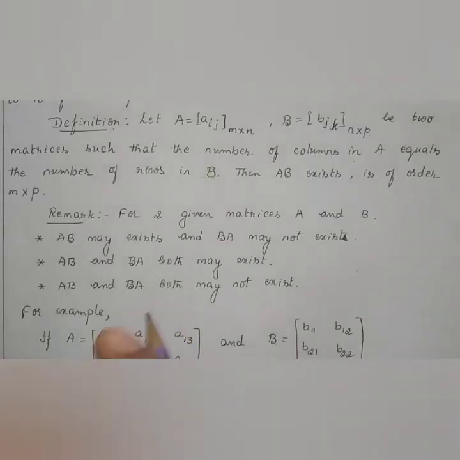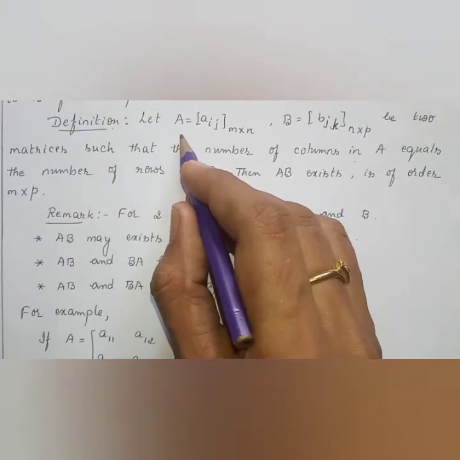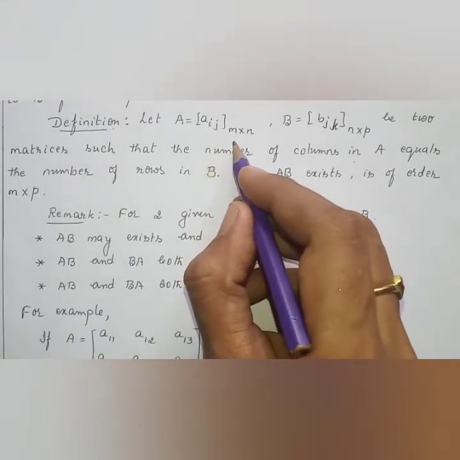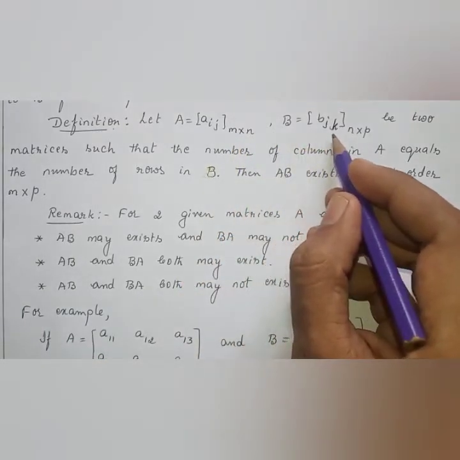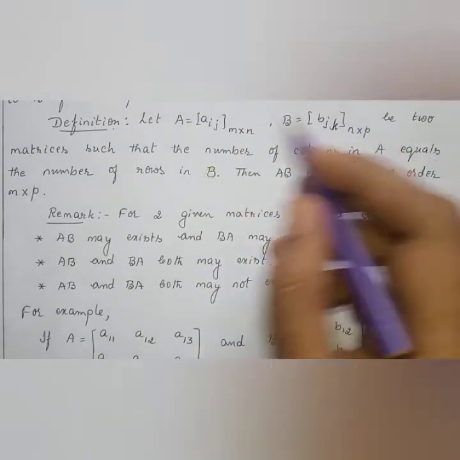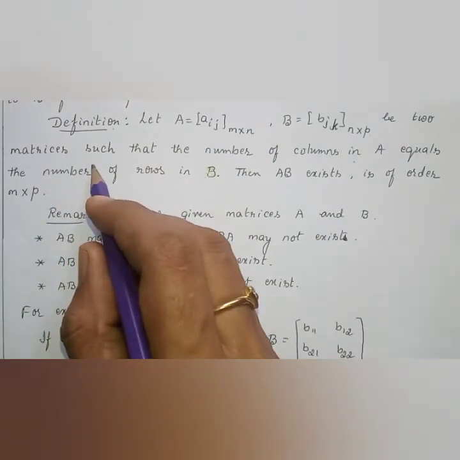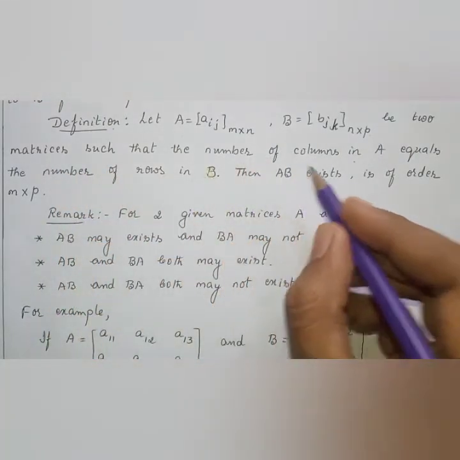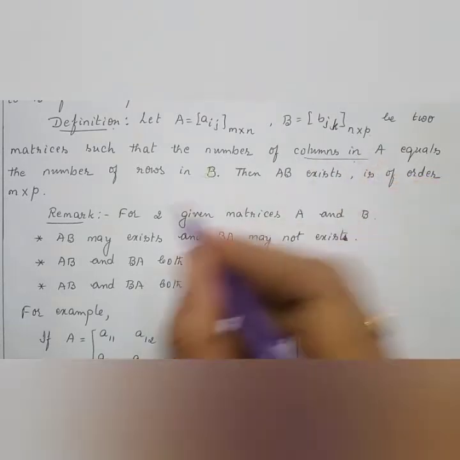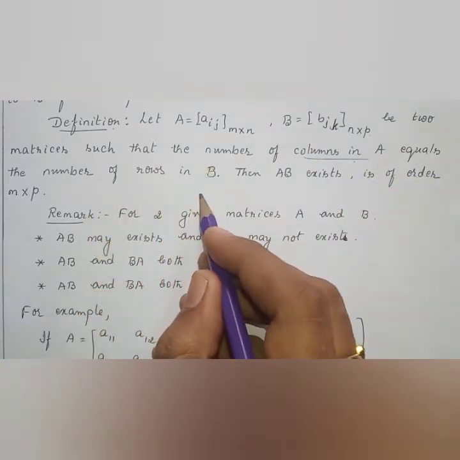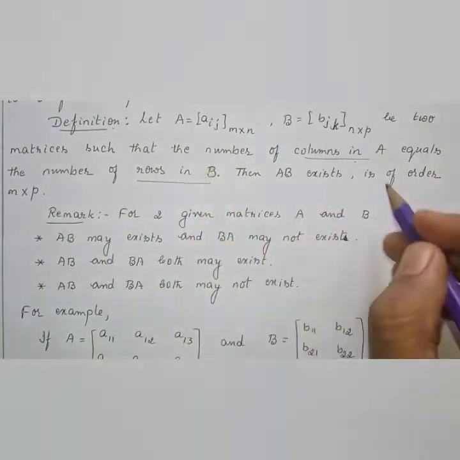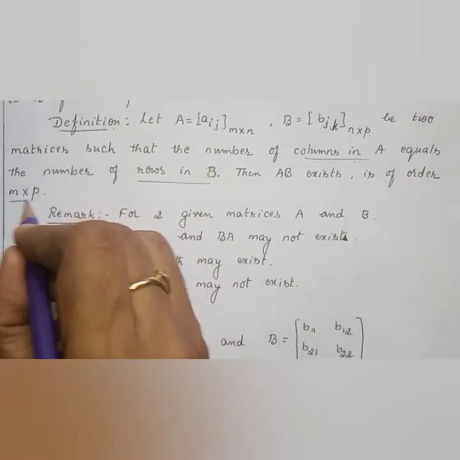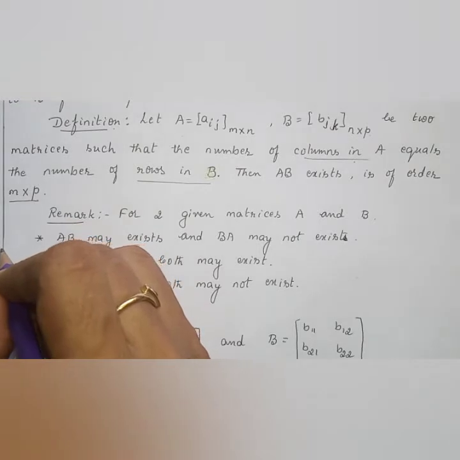So we define the multiplication of matrices as: let A equal to Aij of order m by n and B equal to Bjk of order n by p be two matrices such that the number of columns in A is equal to the number of rows in B. Then AB exists and is of order m by p.